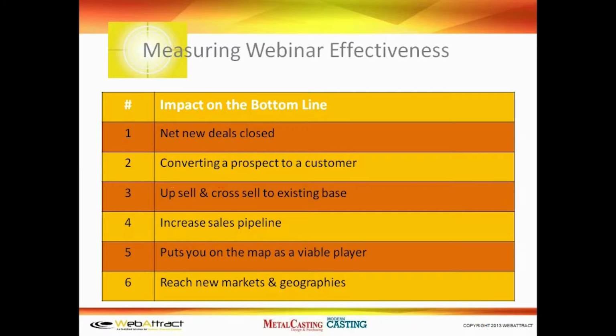But another thing that it does is, because it's on the internet and because we're cutting across time zones and geographies, it really can put you on the map as a viable player. You can punch up your weight and compete with a lot of large organizations out there if you have something substantive to say. And another area is, if you don't have a large enough sales staff, it can help you reach new markets and new geographies.